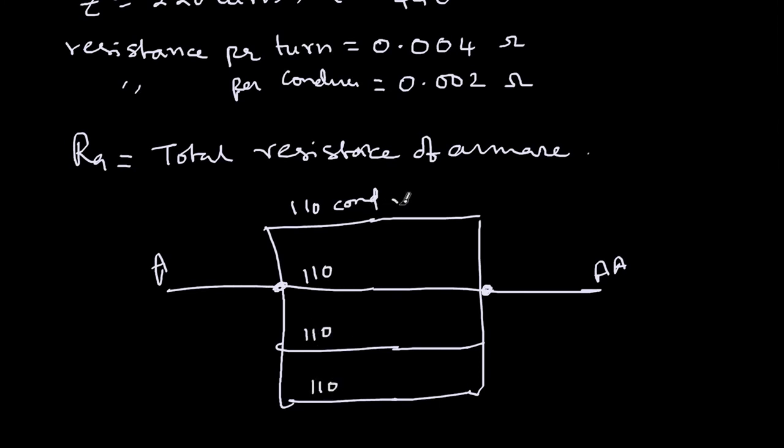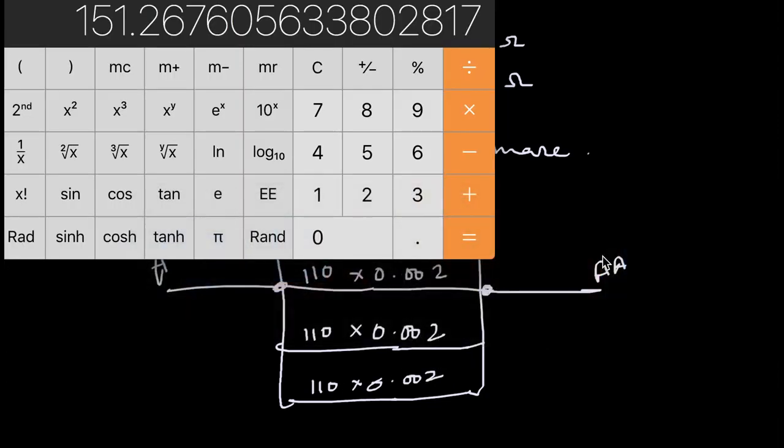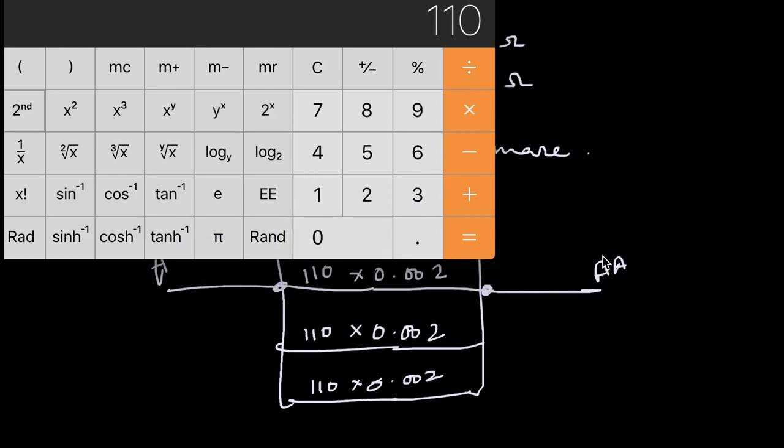And what is the resistance of each path? Each conductor is 0.02. So what is the total resistance? Let's first calculate this. If I use my calculator, 110 multiplied by 0.02 gives me 2.2 ohms.